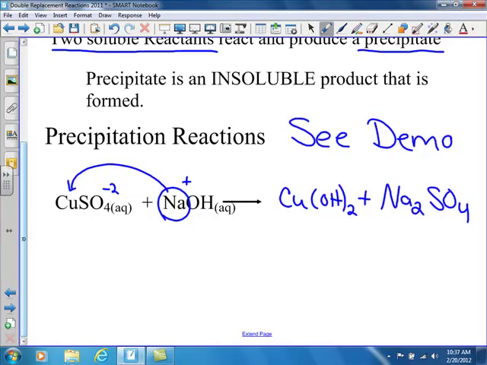And this is where memorizing that really pays off. Because here I have a group 1 element, and that's always soluble. So I know that this is going to be aqueous, and then copper hydroxide is going to be solid. So you're going to have to add those subscripts in, because they're going to tell you what the reaction is doing.